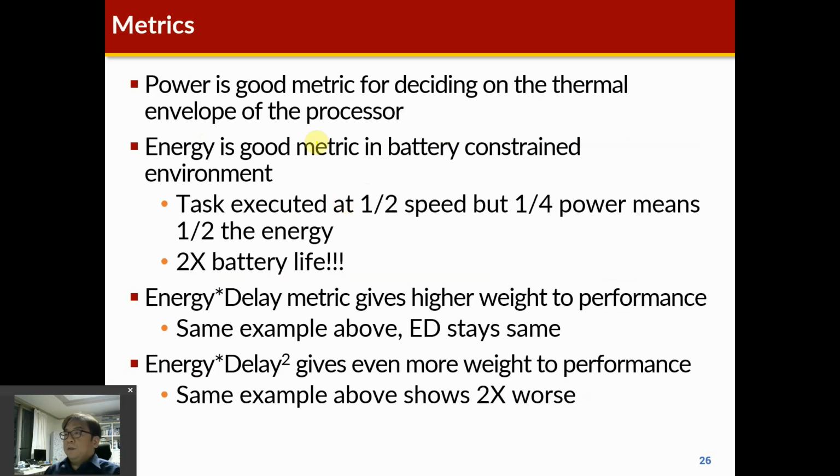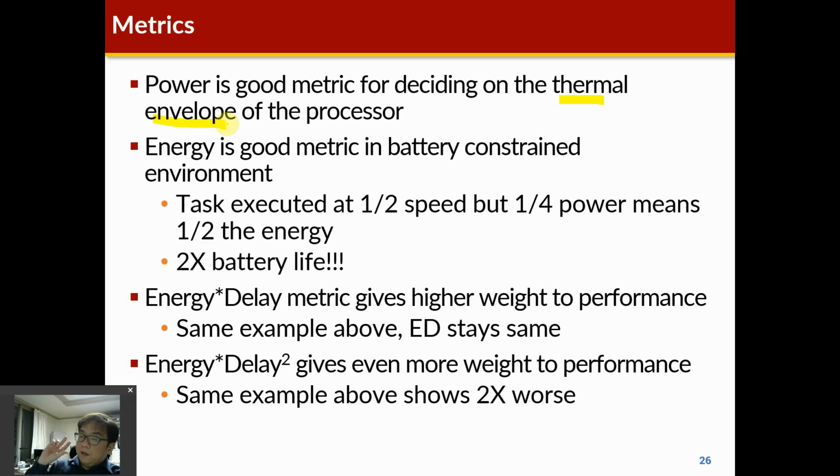And then some metrics of the power consumption and energy. Actually, power is a good metric for deciding the thermal envelope. I said that the thermal or heat of the computer processor is related to the power consumption.